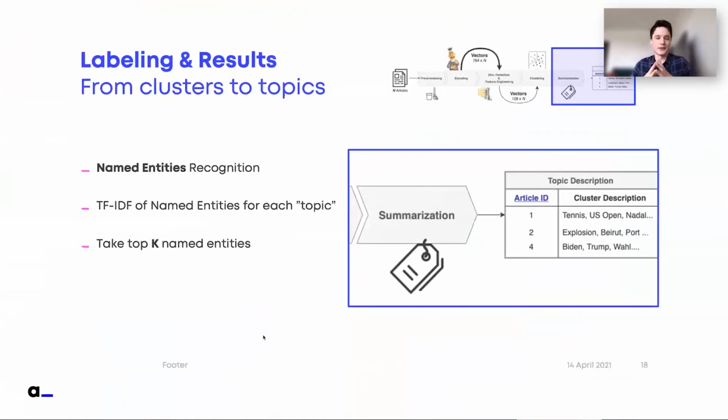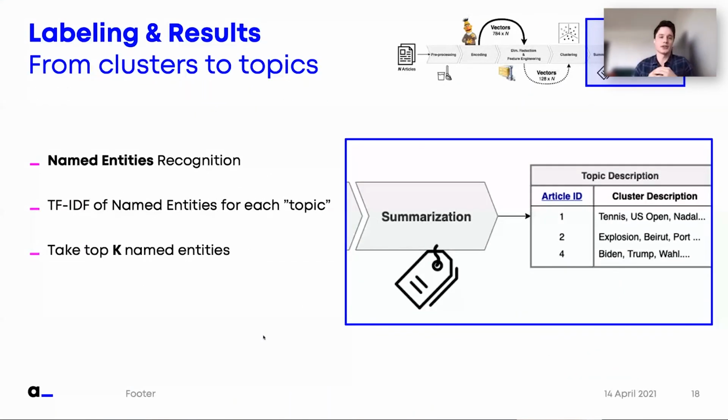Now, in the final step, we already have clusters, and we need to derive topics from those clustered documents. For that, I came up with a class-based or cluster-based variant of TF-IDF. So you probably remember the named entities I mentioned before. Now let's treat all the articles in a single cluster as one big article and combine all the named entities of these articles into one long list.